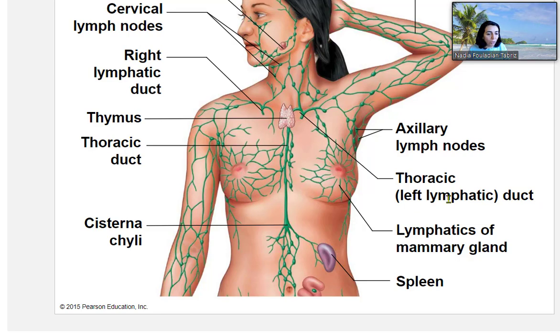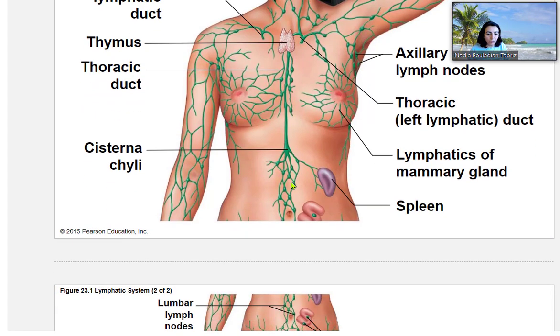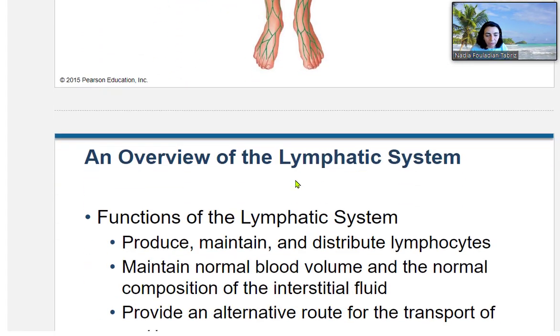You may not hear it called the left lymphatic duct as much as you hear thoracic duct. You need to know all the areas that are drained by the thoracic duct compared to the areas drained by the right lymphatic duct. So hopefully that got clear.